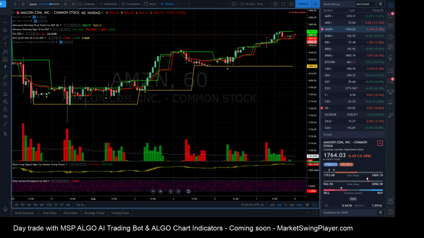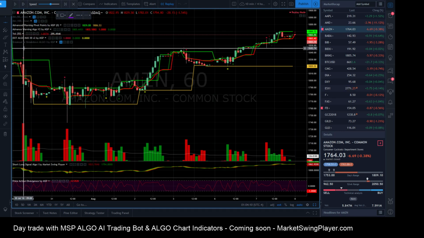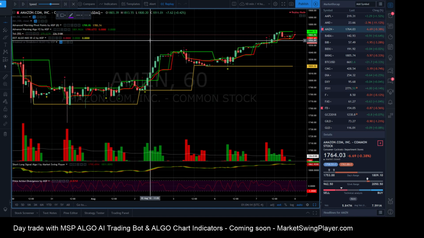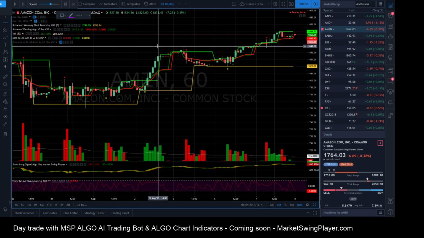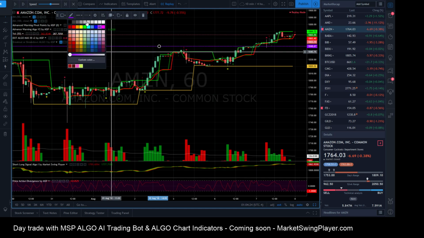So I'm gonna get a horizontal line from in here. Click, horizontal line, click. So it was about 1849. So I'm gonna try to put this line there, 1849. And why am I doing this?